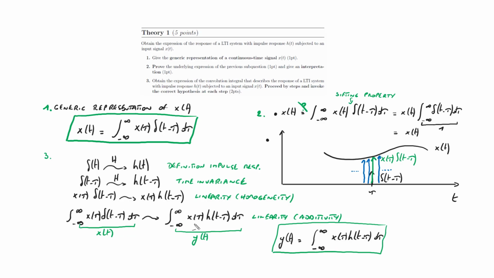So here what we have is the response of our LTI system with impulse response h of t to the input x of t. We'll call it y of t. And this leads to the convolution integral, and you can use it to compute the response of a system with impulse response h of t to any input signal x of t.